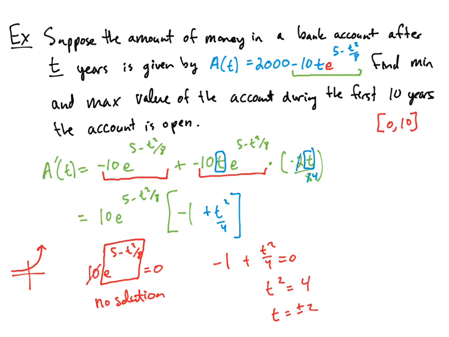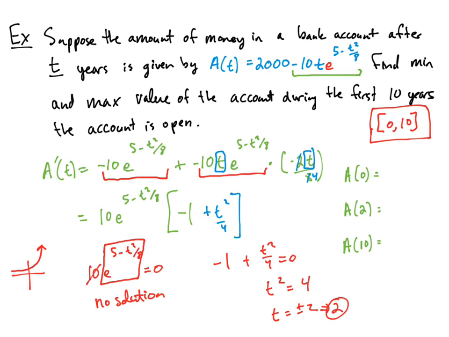Since t is representing a number of years, and our interval here is from 0 to 10, we don't care about negative 2. We're just going to use positive 2. So that's our critical value. And then we also need to consider the values at the endpoints of the interval, 0 and 10. So we're going to evaluate the function at 0 years, at 2 years, and at 10 years.